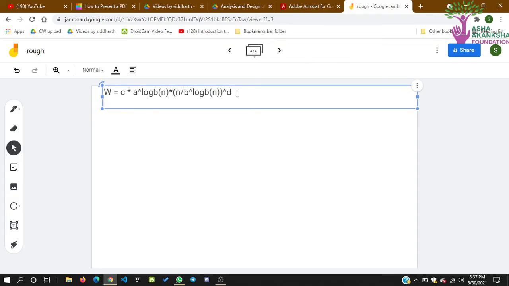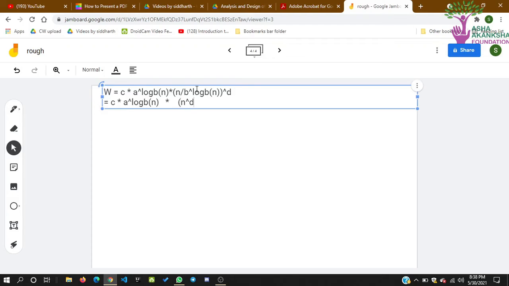Now we can take this as equal to c into, we just have to consider this particular part. This part remains the same. I'm just copying it as it is. Now for the remaining part, we take n raised to power d, we take d inside.